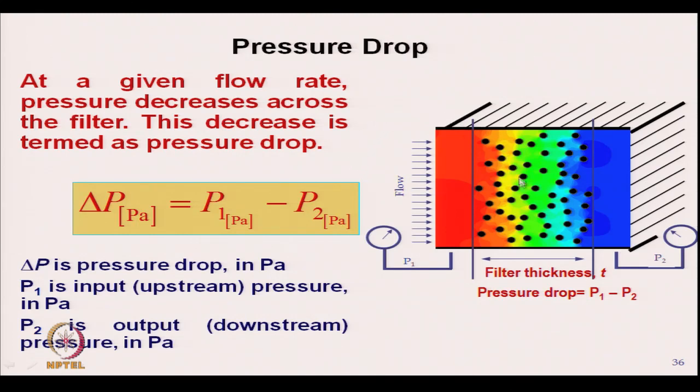On the upstream side we have very high pressure, and as it flows through the filter medium, the other side will have lower pressure. This difference between pressure P1 on the upstream side and pressure P2 on the downstream side is known as the pressure drop.